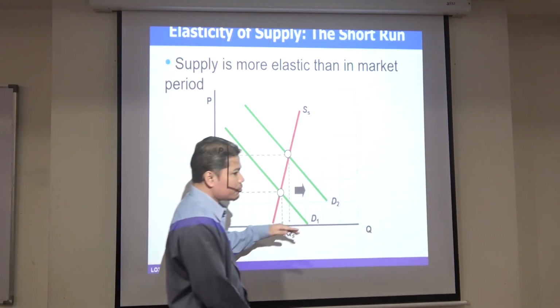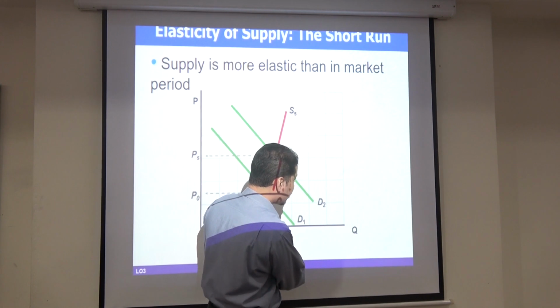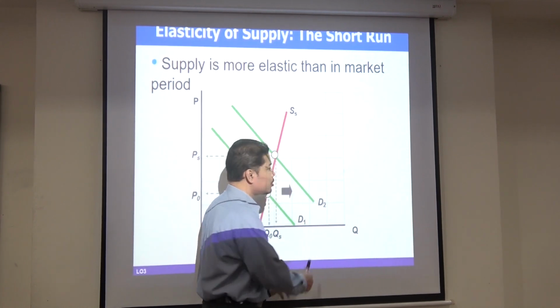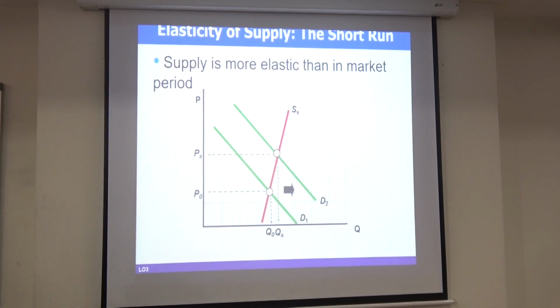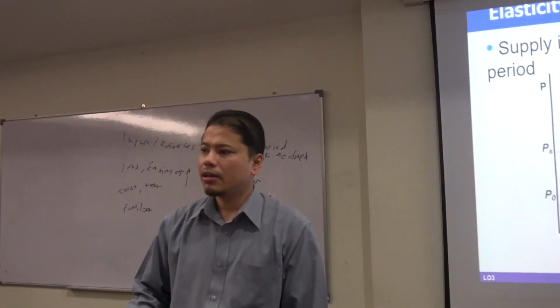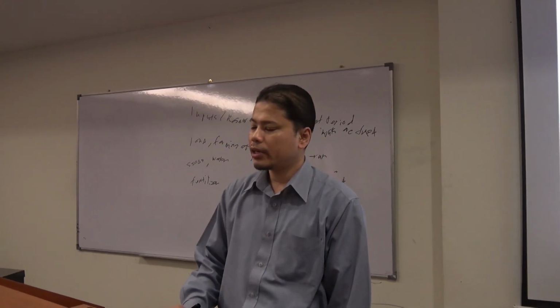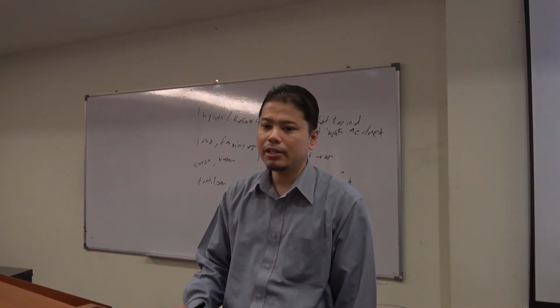Even a very big increase in the price will only result in a very small increase in quantity supplied. Now, in the long run, the producer will have more time to adjust the inputs used in production.